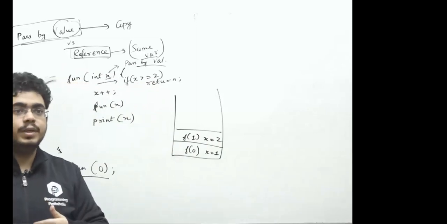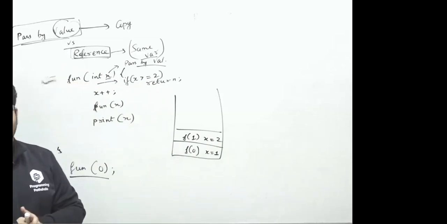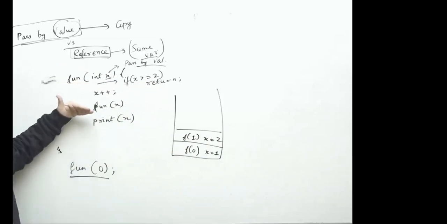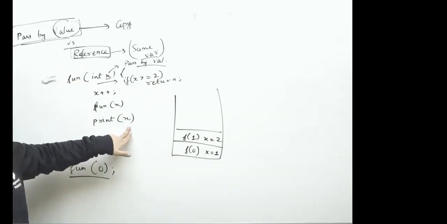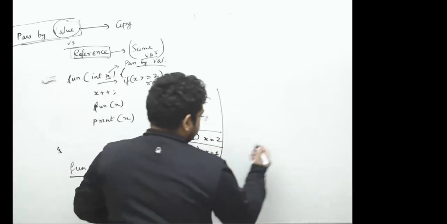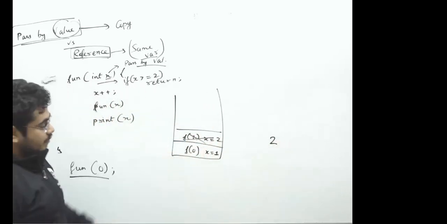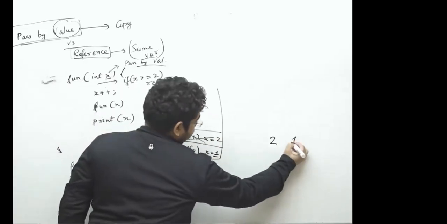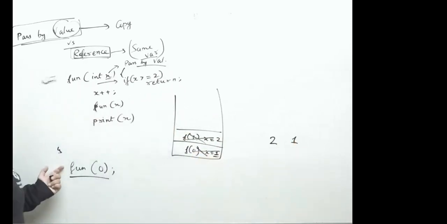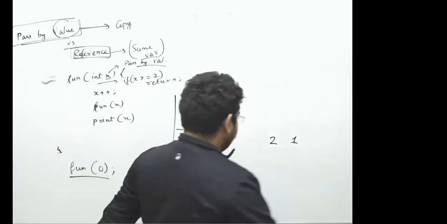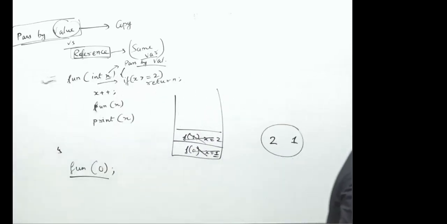This is how the flow will be. When it returns here, it will simply print whatever the x was, that is 2, and return from there as well. This guy will also print the x and return from there. Do you all agree? It will be 2, 1, as the output.